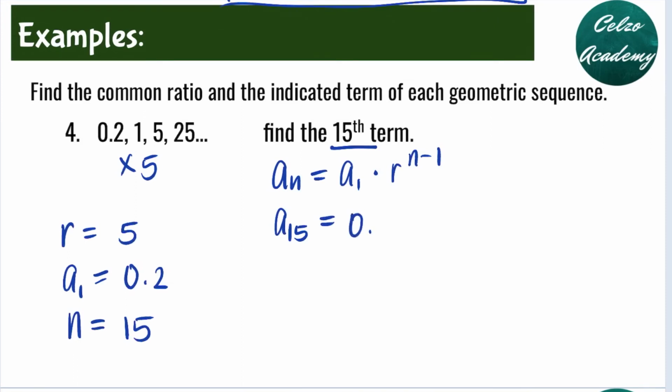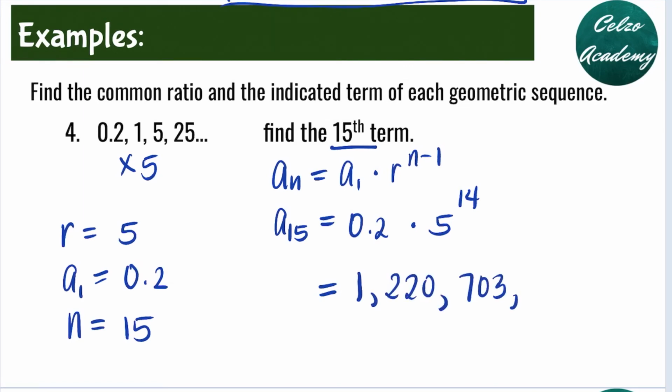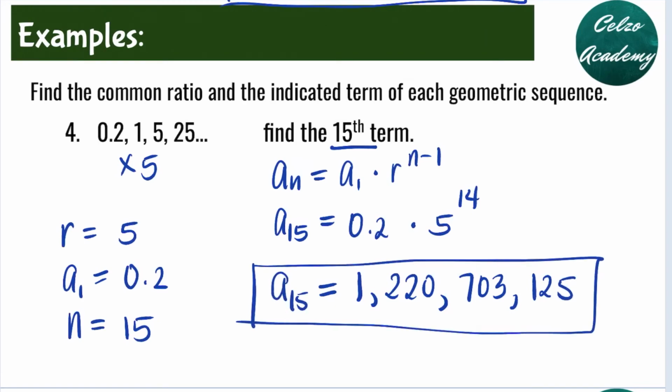A sub 1 is 0.2 times the common ratio 5 to the power of 15 minus 1, and that is 14. Using your calculator, let's evaluate first 5 to the power of 14 and then multiply it by 0.2. So we will have 1,220,703,125. That is the 15th term of this geometric sequence.